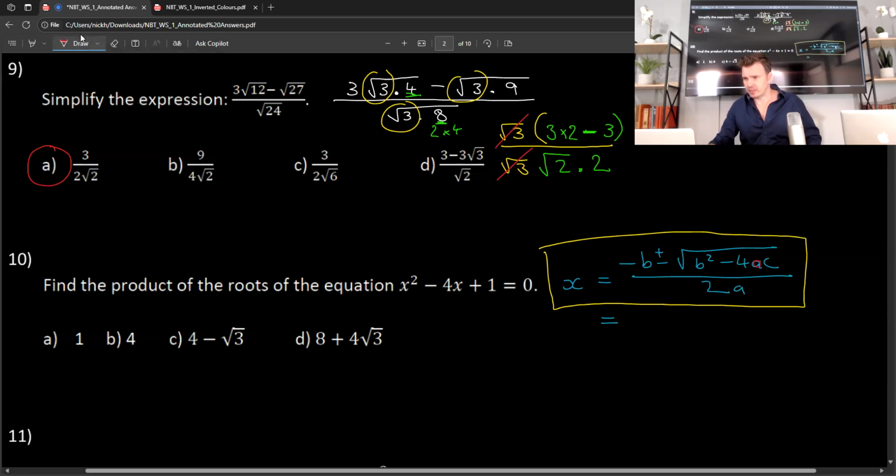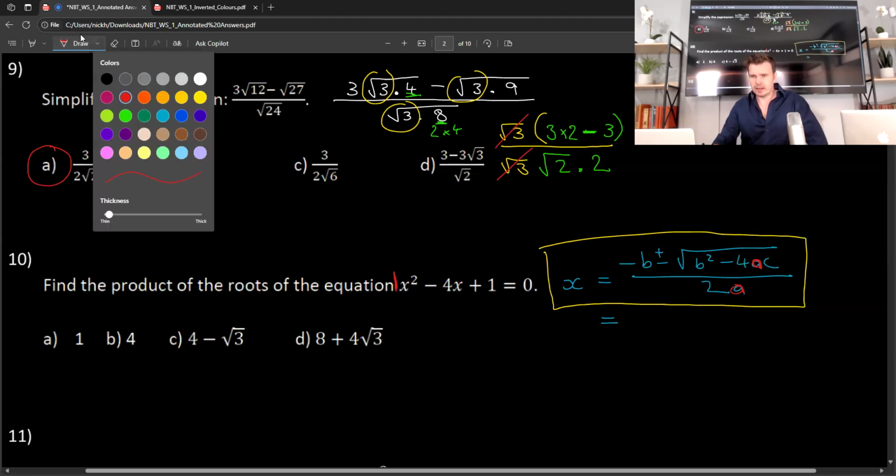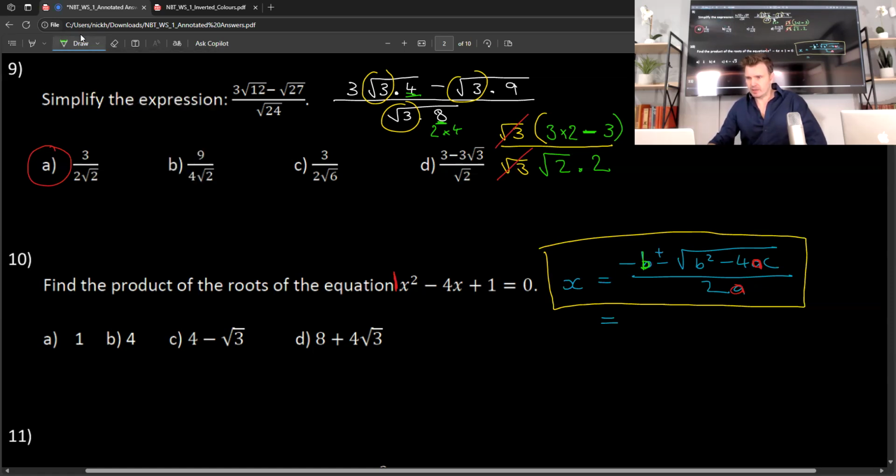You have an A here and an A here. Your A is the number in front of your x squared, which is this 1. Everywhere I see an A, I'll put a 1. And then B is the number in front of the x, so that's going to be 4.